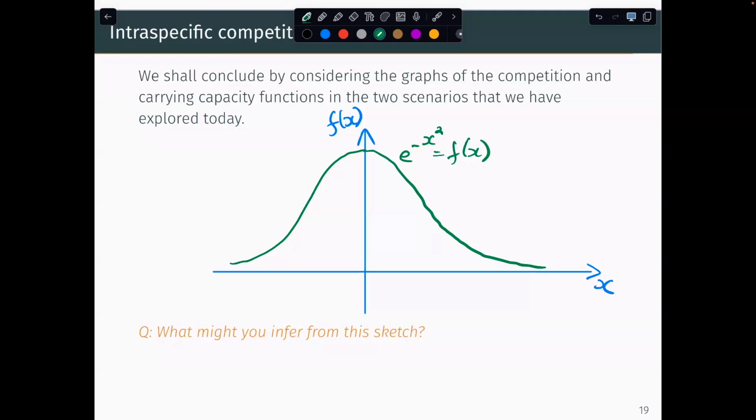So this was our carrying capacity function, and it looked like this. It was also what our competition function looked like. If we define x to be the difference between our phenotypes, it looks like this.